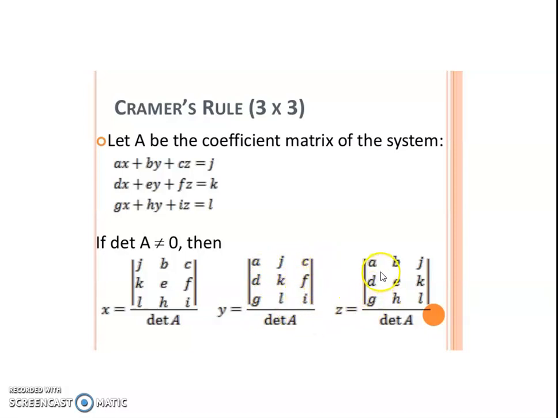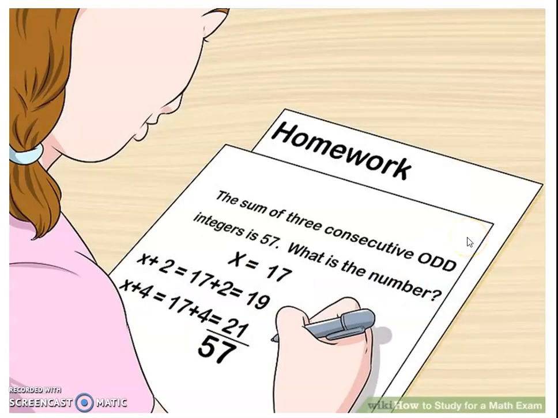Next, z is equal to a, d, g, b, e, h, j, k, l, because instead of the coefficients of z, we substitute j, k, l in place of c, f, i. This method is applicable here too.